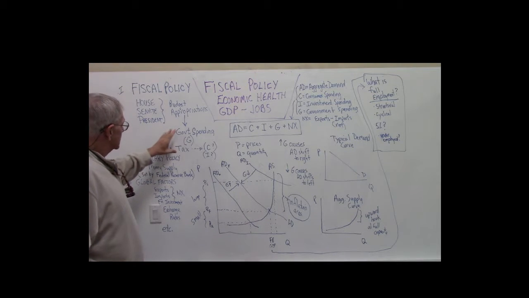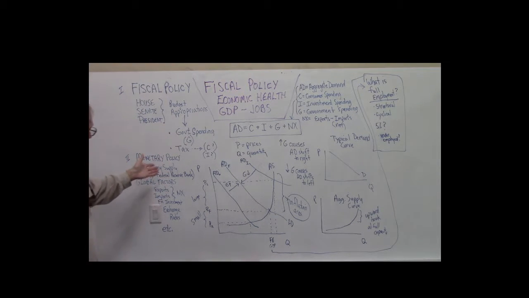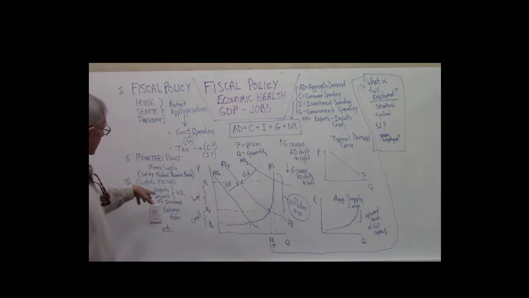Of course, it has to work in conjunction with the monetary policy and the money supply, which is basically set by the Federal Reserve Bank. We're going to discuss that in a separate video, and we'll talk about global factors in another video as well.